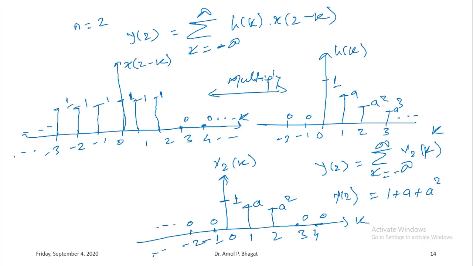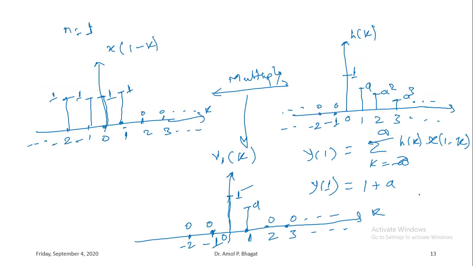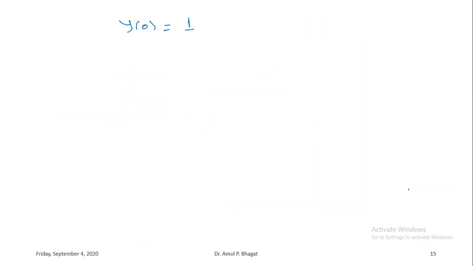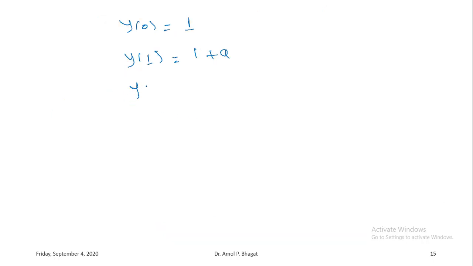So what we have got here: y of 0 we get the value 1. Okay, as we can see here, y of 0 is 1, right? Then y of 1 is 1 plus a. Then y of 2 is 1 plus a square, right?